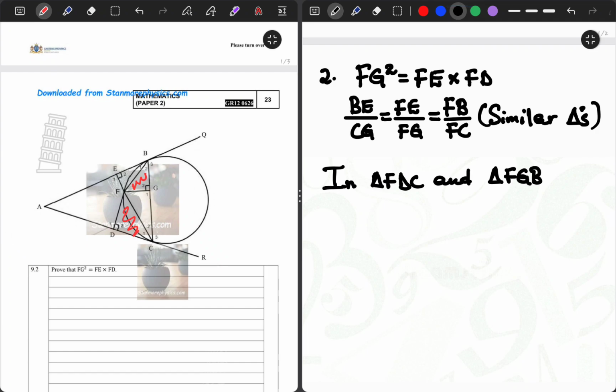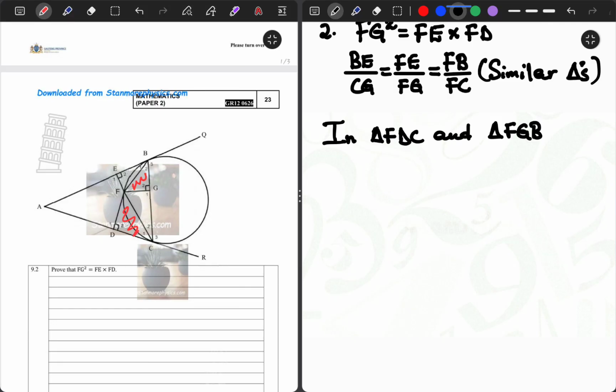Let's see. C1 equals to B2 because of tan chord.